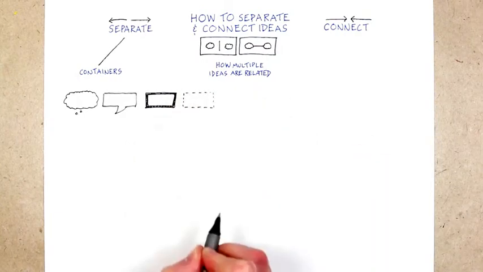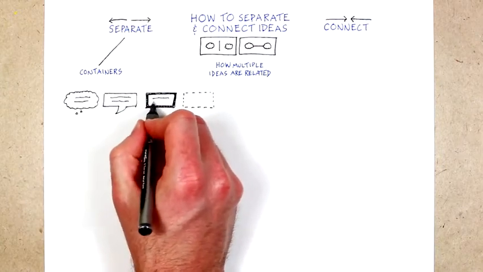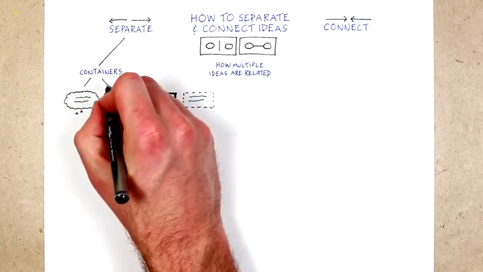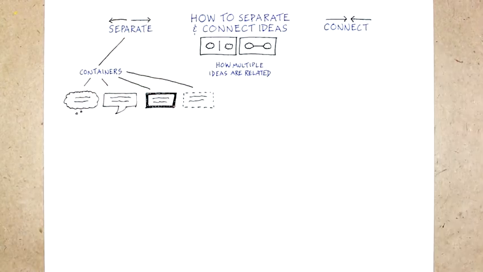You might recognize some of these as a thought bubble or a speech bubble or some idea that's well protected compared to one that might be more open to change. As we'll see in the next module, you can also use an image as a container, which is another fun way to merge the verbal and the visual.